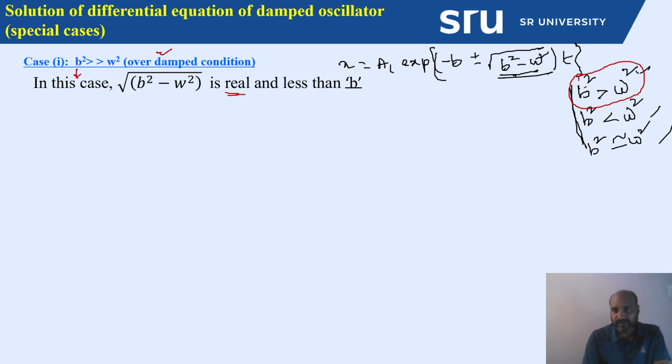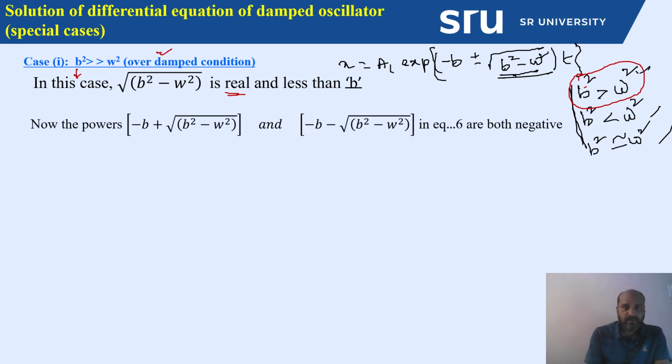Then second step, if this total value is less than b, then in equation 6, both minus b plus under root b square minus omega square and minus b minus under root b square minus omega square will be negative, because we already said this is less than b.